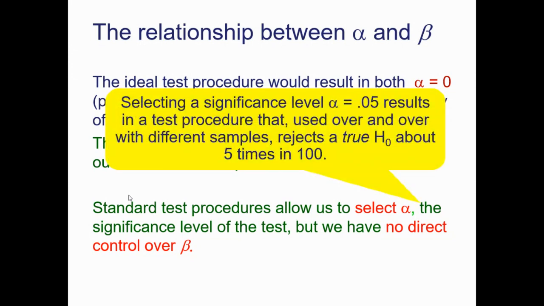If we select a significance level of alpha is 0.05, that results in a test procedure where, if we use it over and over and over with different samples, we'll reject a true null hypothesis about 5 times in 100. That's what that alpha will give us.